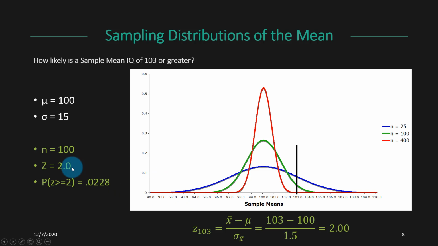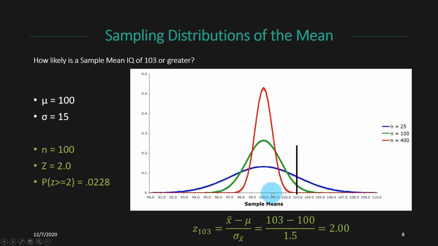And that's going to actually change the z-score because our definition of the z-score does not change, and the numerator does not change because we're still asking about 103 minus 100, but the standard deviation here changes because the standard error of the mean when our sample size is 100 is 15 divided by the square root of 100, which is 1.5, which gives us an overall z-score of 2.0.